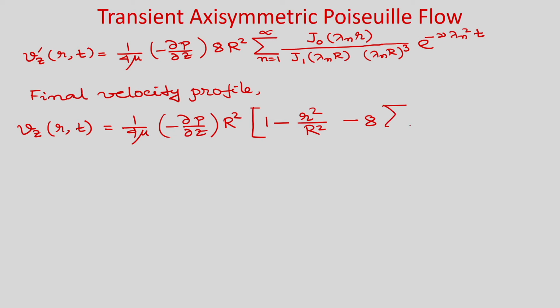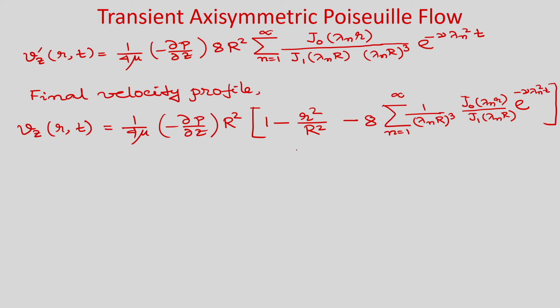okay, summation of n equal to 1 to infinity. Then we have 1 by lambda n R cube, j0 lambda n r divided by j1 lambda n R, and e to the power minus nu lambda n square t. Okay.